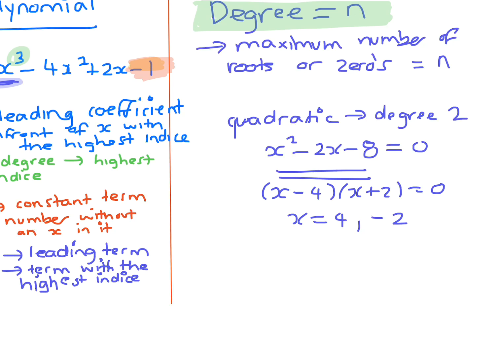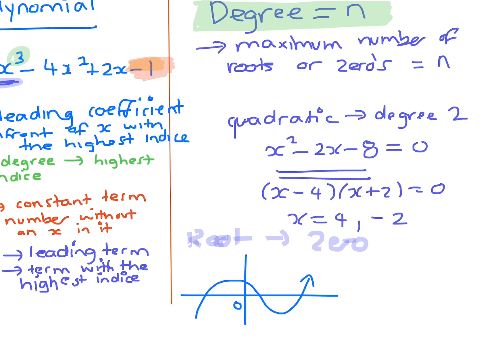Further on that, I just want to clarify also what a root is. It's also called a 0. Okay, so a root or a 0 is basically where the polynomial cuts the x-axis.